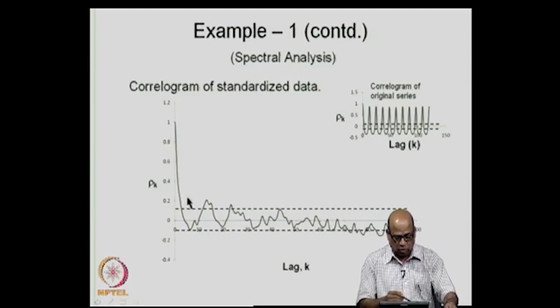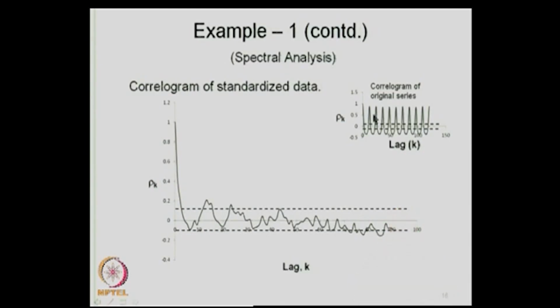If you plot the correlogram, the correlogram of the original time series looks like this, and the correlogram of the standardized time series looks like this. So, most of the correlations are statistically insignificant here.